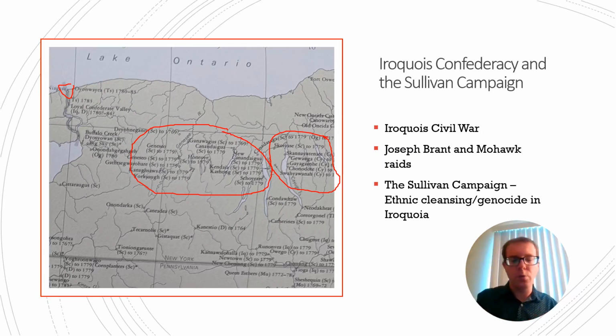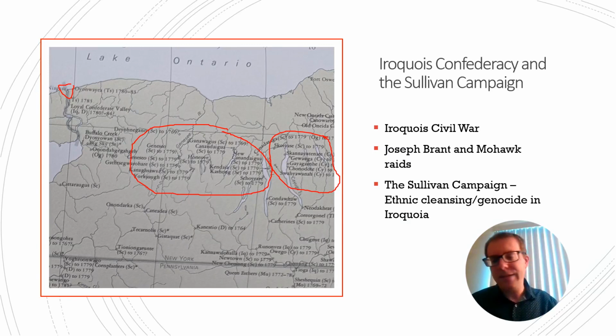They are able to reoccupy some of their towns and villages. And the raids of Joseph Brant and his Mohawk Raiders and that of Seneca forces are able to successfully still attack American settlements in 1780 and 1781. This is actually not successful militarily.